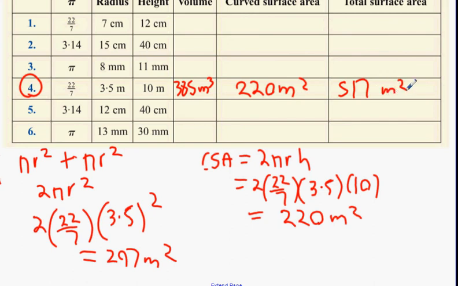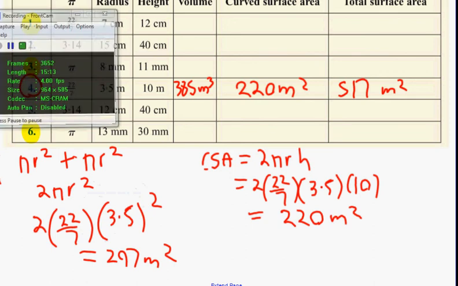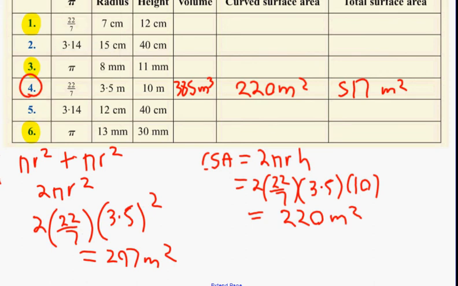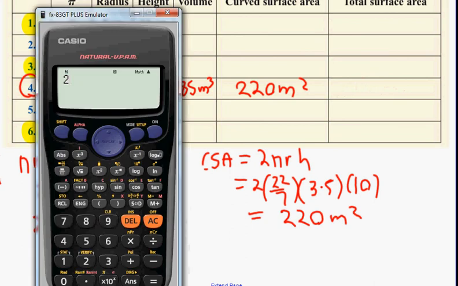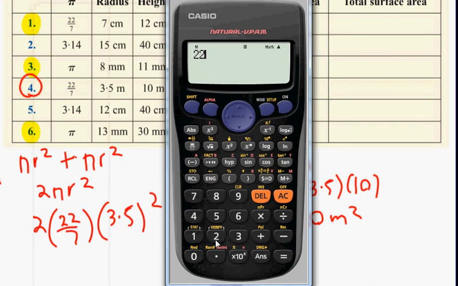Okay, guys. In class, just on the last question, it wasn't 297. 297 was the overall answer. So what I had to do was calculate 2 times 22 over 7 times 3.5 squared.